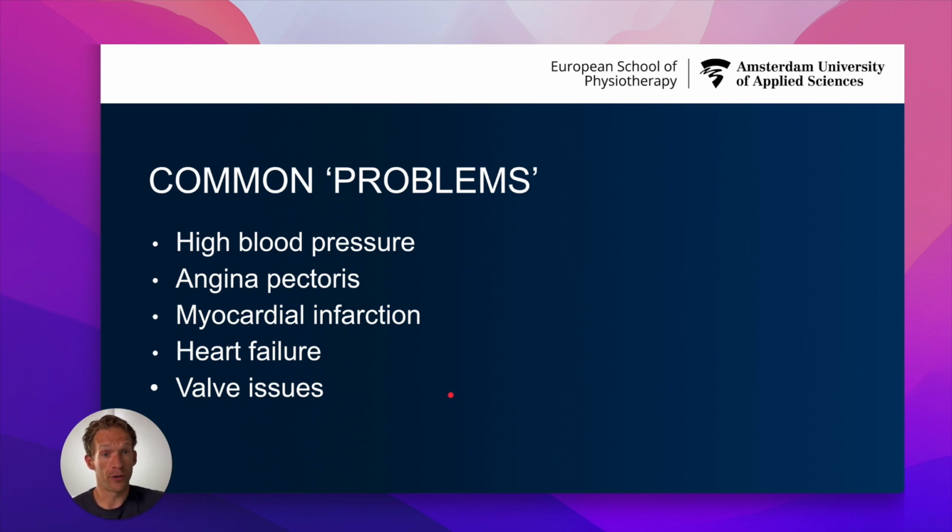And finally, also valve issues could be present. And especially the last category is what we'll focus on for the last few slides to show you how the valves operate in a normal situation, so that in case of a pathology, you can imagine what could be the consequences.